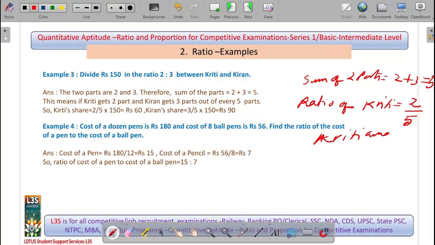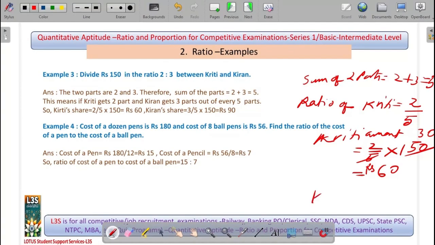Kriti's amount is equal to 2 by 5 into the total, which is 150. So 5 into 30 is 150, so this will be 30 into 2, 60 rupees.